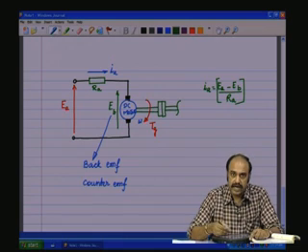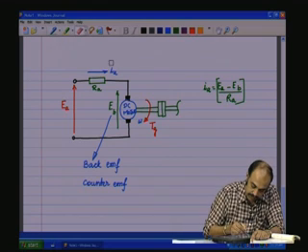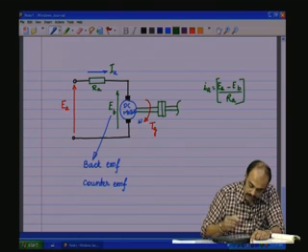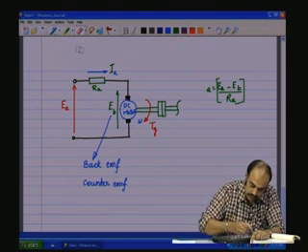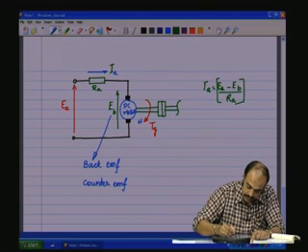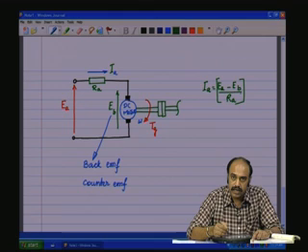When we talk about the dynamics, we need to put in the instantaneous values, and this can also be replaced with the DC value, because we are talking of the steady state. So, that becomes IA, and this becomes also IA. So, IA, the armature current, is given by EA minus EB by RA.